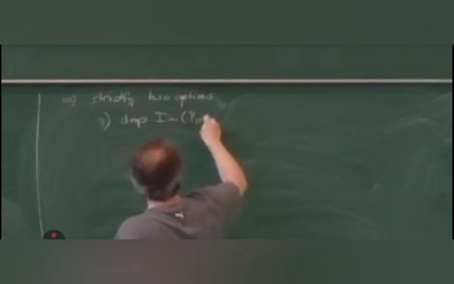So the first option is we drop the imaginary part of this two-point function gamma HH, and we should only drop the imaginary part from this plus I epsilon prescription, not from complex CKM matrix elements if we would have 3 generations.